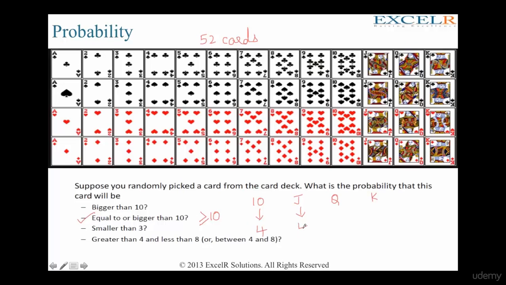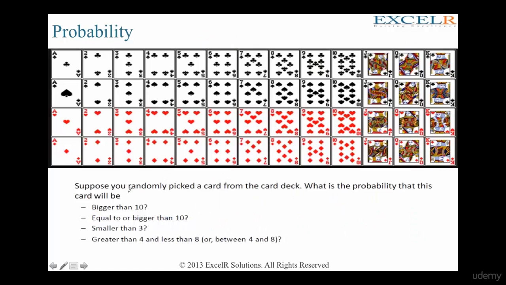You have 4 cards of J, 4 Q, and 4 K. So how many cards are you interested in? You're interested in 16 events, or cards, out of the total number of events, which is 52. This is the probability associated with the second question.